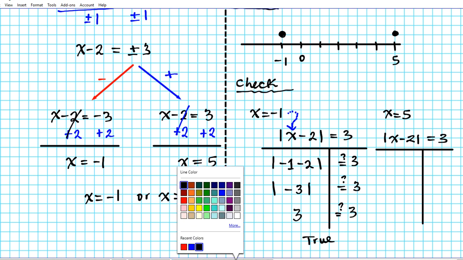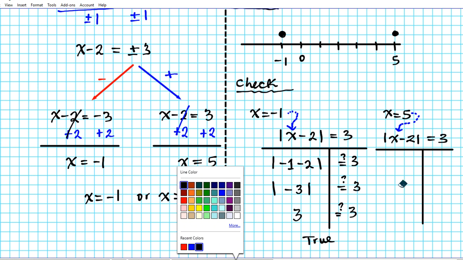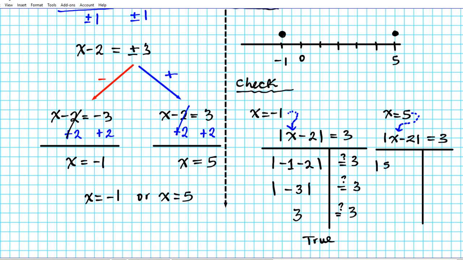So what are we going to do with the 5? We're going to plug it into the x position. Let's go ahead and simplify that. We're going to have the absolute value of 5 minus 2. Is this equal to 3? Is it? 5 minus 2 is 3. Is the absolute value of 3 equal to 3?